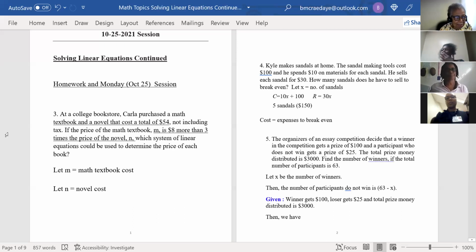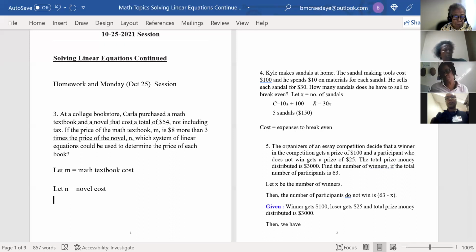A math textbook and a novel cost a total of $54. We only have two kinds of books here. M is the math textbook cost. N is the novel cost. So using those variables, what would be my equation?